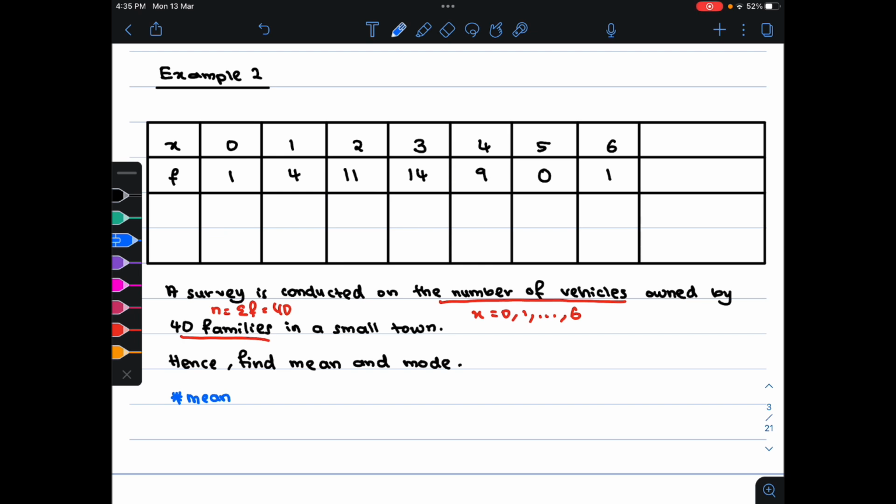To find mean, we can either use sum of x divided by n or the summation of fx divided by n. Since here we have the frequency f, therefore we'll be using the second formula. And to get this value, you need to find fx first, and then you're gonna combine all together to get the summation. So fx means you're gonna times x with f.